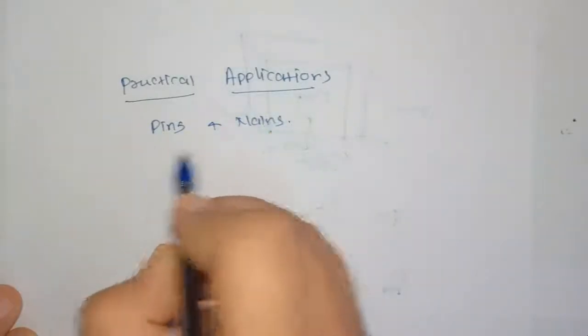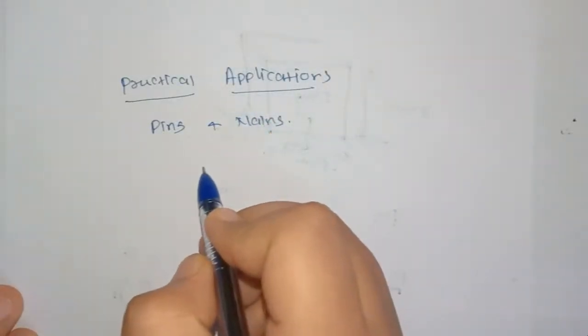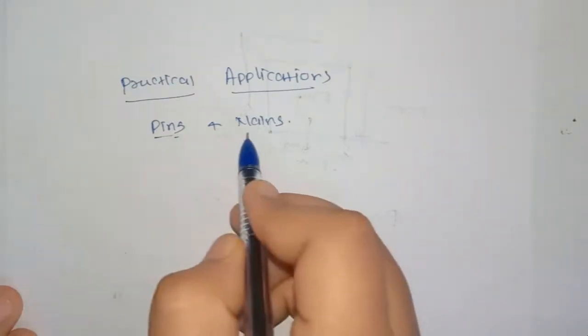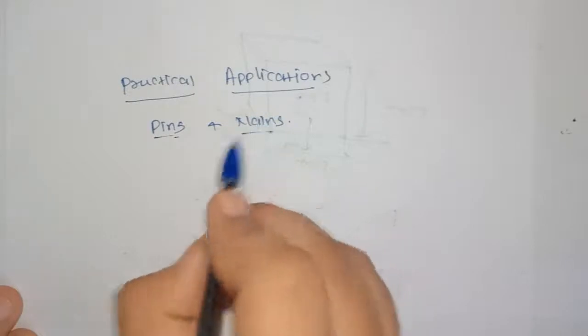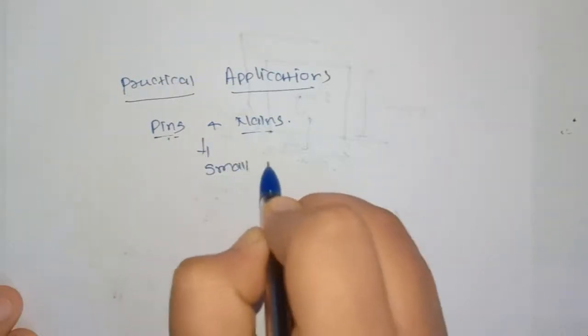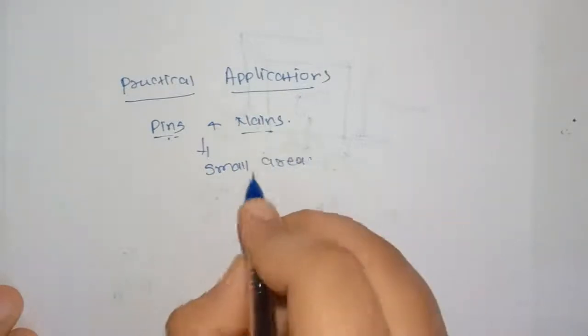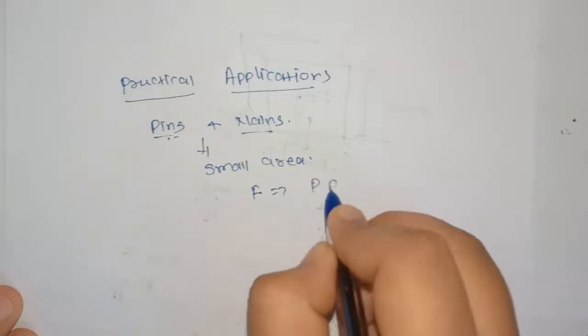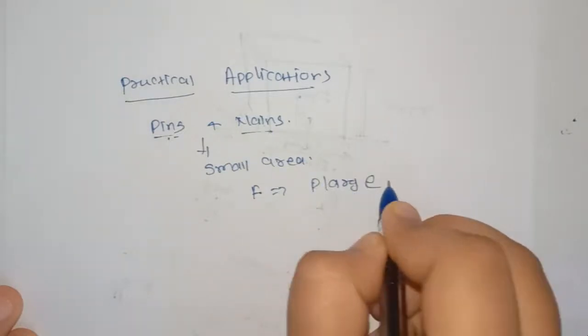Push pins or the nails we can easily penetrate into the board, soft board, or into the wall because they both have small area. So for even small amount of force, pressure is very large.